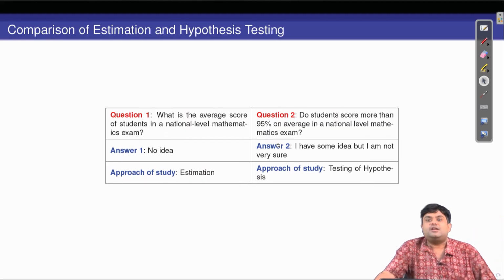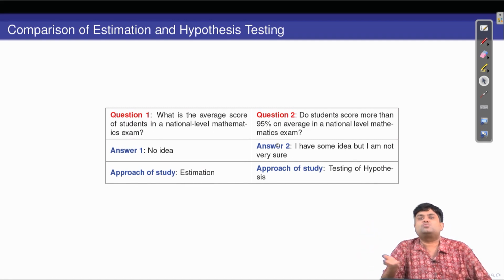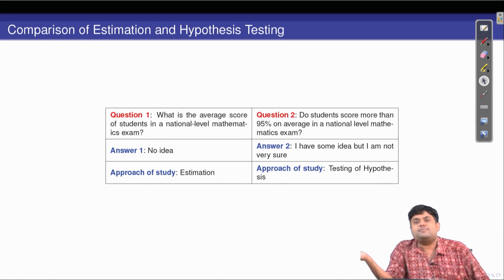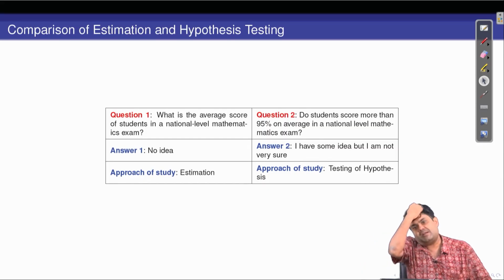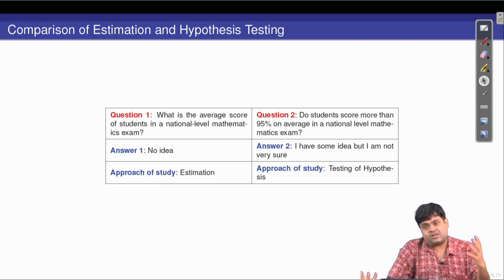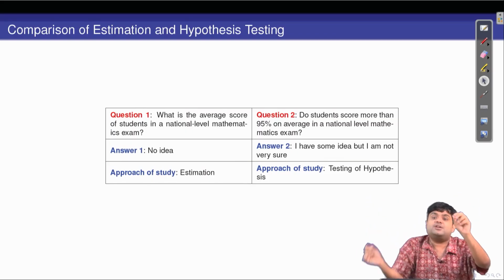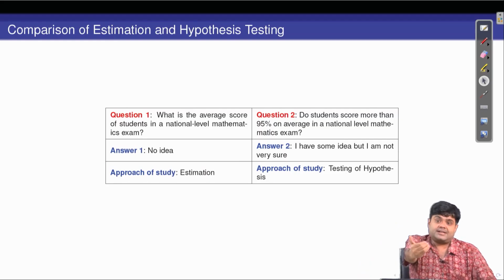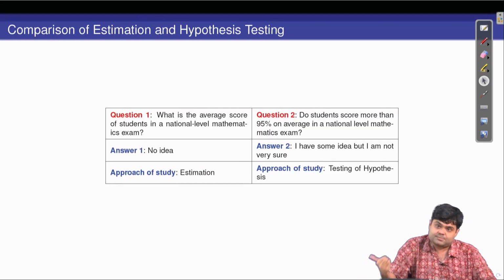Here, if your data shows that on an average students are scoring 99% in a national level mathematics exam, that looks suspicious. You have some existing understanding of the average mathematical aptitude of a population. So you can test the validity either of your data collection, or your method of inference, or the existing wisdom. Either you can test the validity of the existing wisdom based on your data.